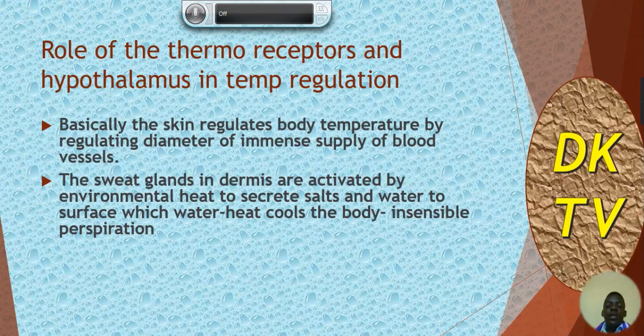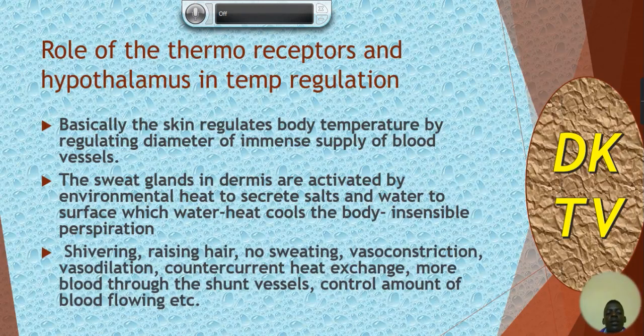However, this water carries some heat in it, which causes the body an insensible perspiration. Shivering, raising hair, no sweating, vasoconstriction, vasodilation, countercurrent exchange, more blood through the shunt vessels, control of the amount of blood flowing. All these are done in order to regulate the body temperature.